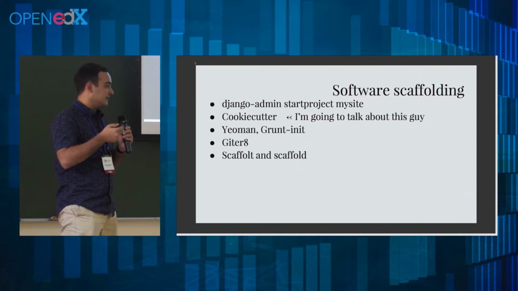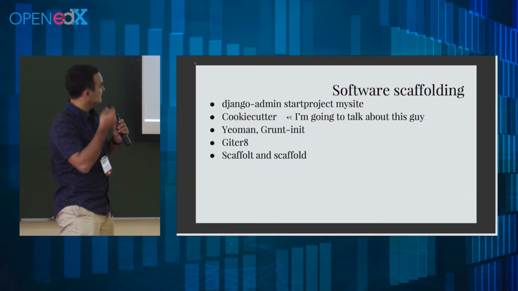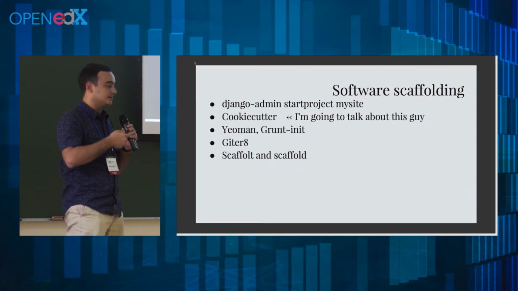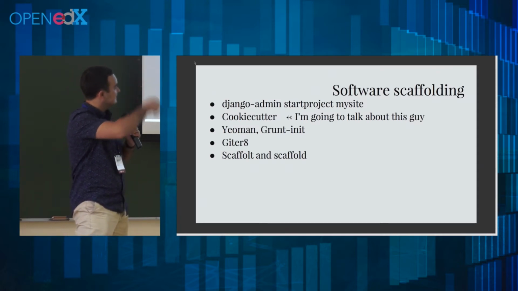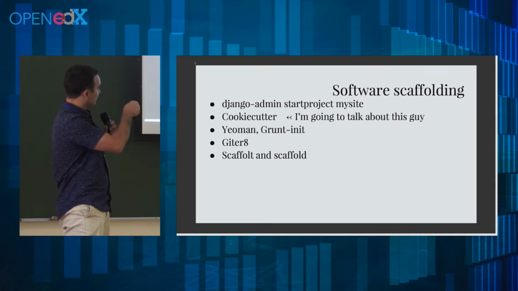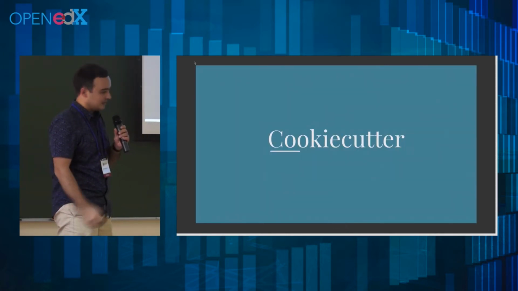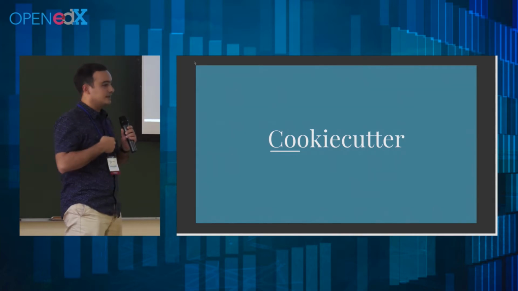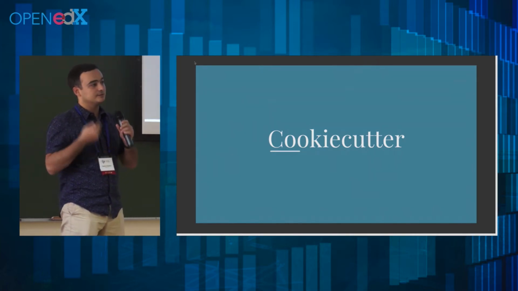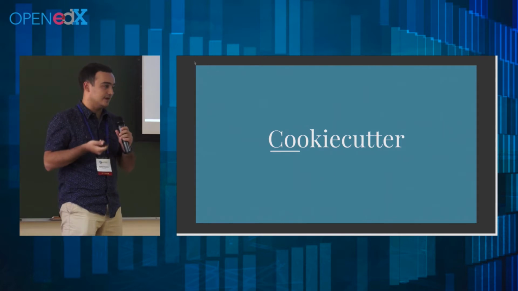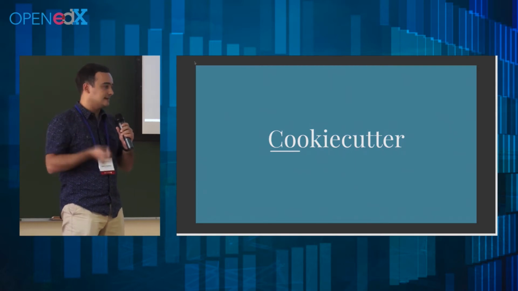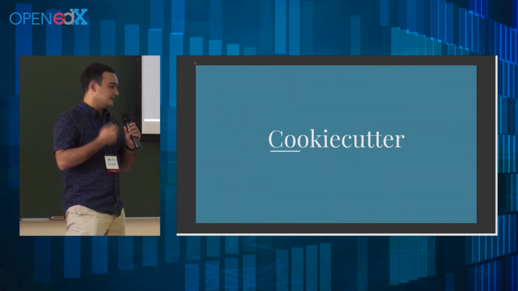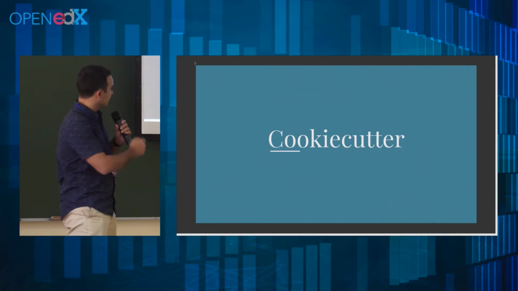But really it is tied to Django, and people went on and created a lot more software scaffolders like those listed here. I'm going to talk about cookiecutter in this talk. Cookiecutter is a scaffolder tool written in Python and mostly for Python. It is language agnostic, so people do scaffolding for other languages like Scala, Haskell, PHP, and whatever. But mostly it is popular within the Python community.